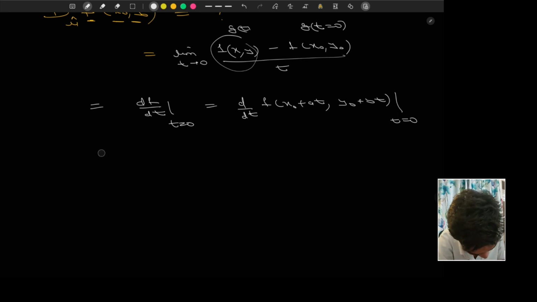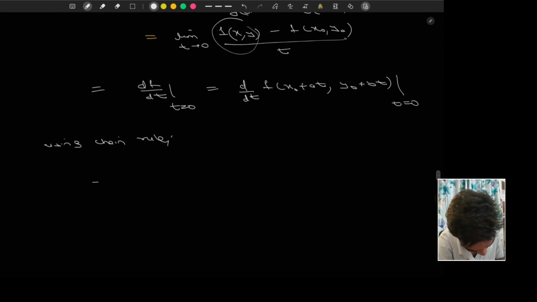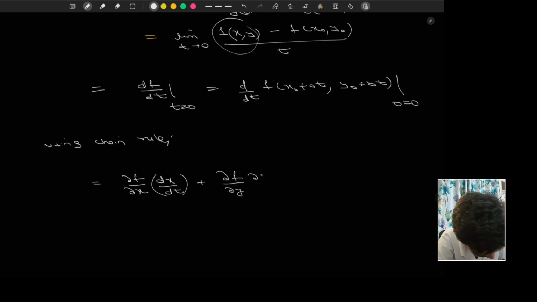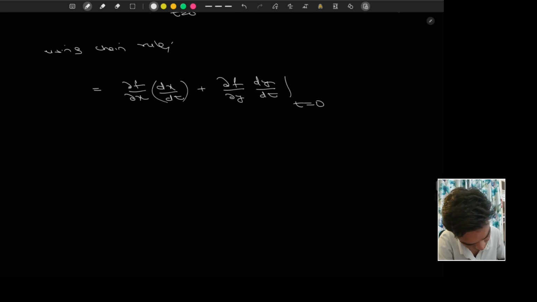So by using chain rule, this is nothing but df by dx into dx by dt plus df by dy into dy by dt at t is equal to 0. So everything at t is equal to 0.